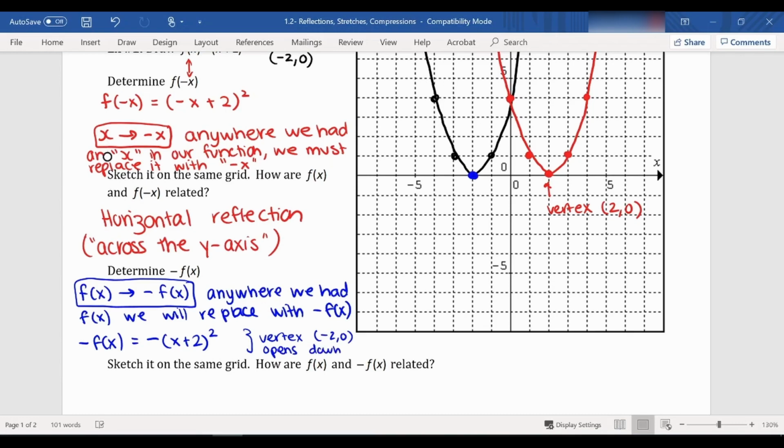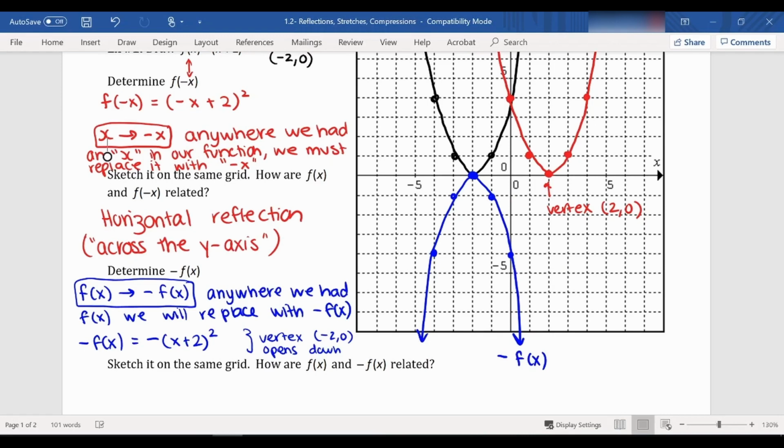So my vertex is in the same spot as the black parabola was, but now I'm opening downwards, so I'm going to go over 1, down 1, over 1, down 3. I could keep going over 1, down 5, but I would run out of space on my grid. Connect my points. This would be negative f of x.